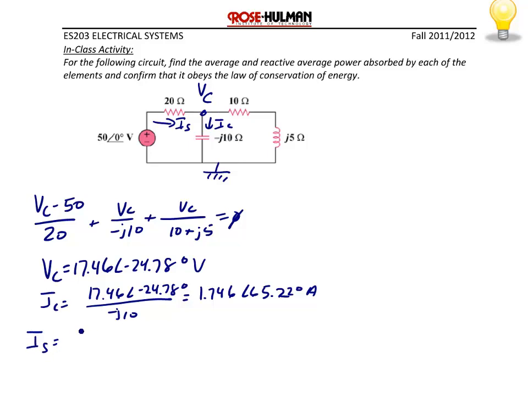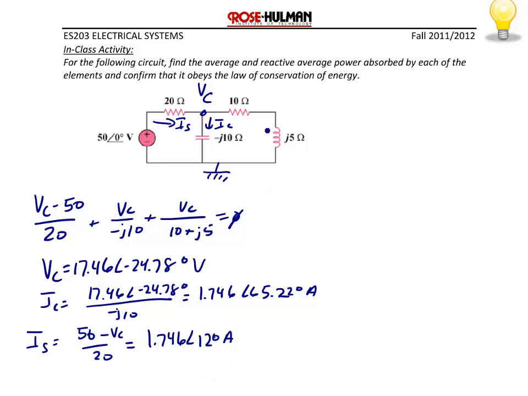IS would be equal to 50 minus VC over 20. So the current from the source is 1.746 with an angle of 12 degrees, and the units are amps.